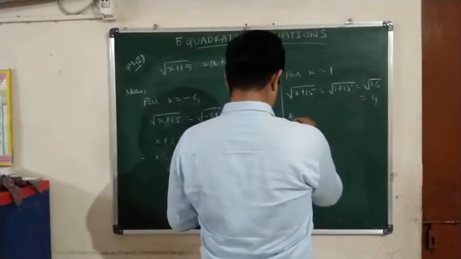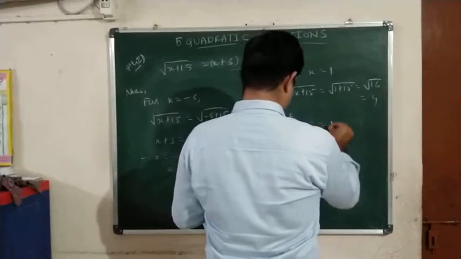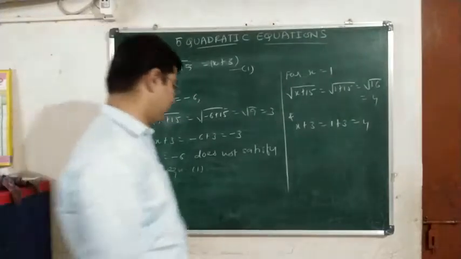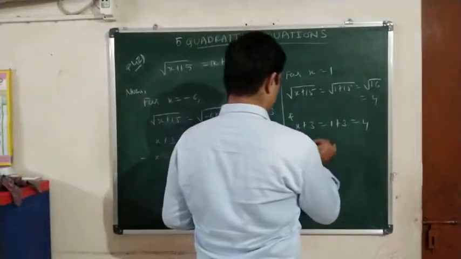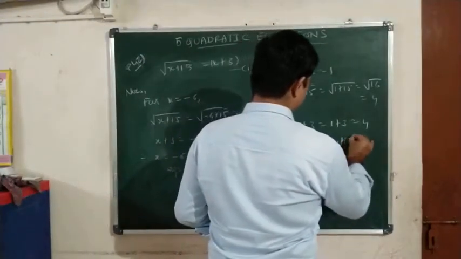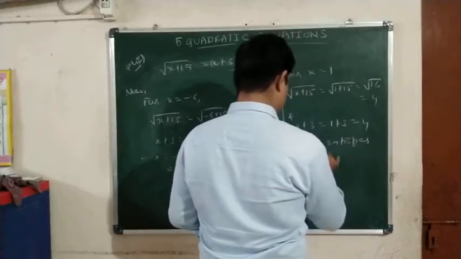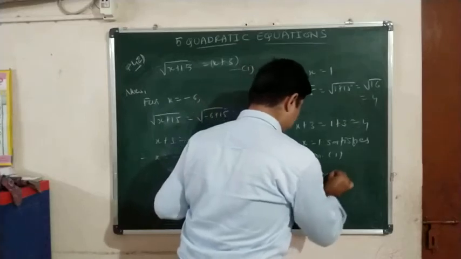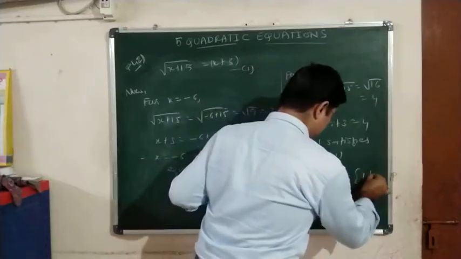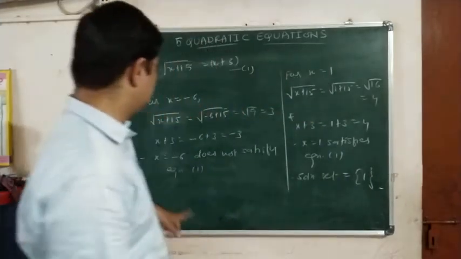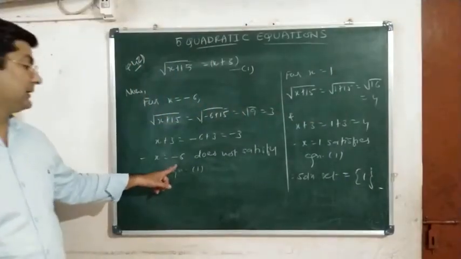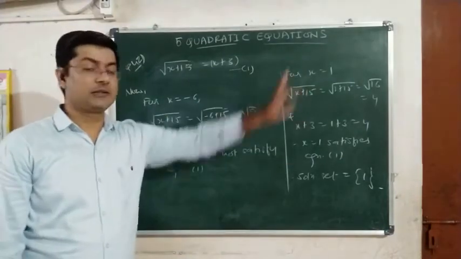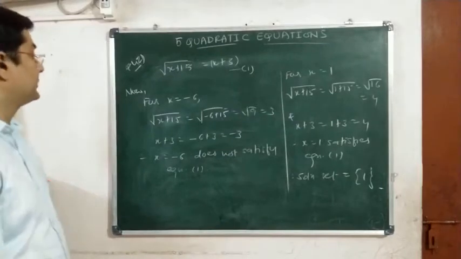And x plus 3 is equal to 1 plus 3 is equal to 4, and therefore x is equal to 1 satisfies equation 1, and therefore solution set will contain only one element, that is 1. Clear? Since x is equal to minus 6 does not satisfy, we will not take this value. Only one value, that is x is equal to 1, is the solution.